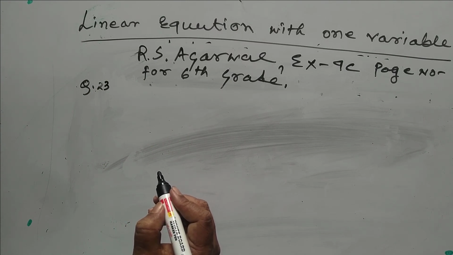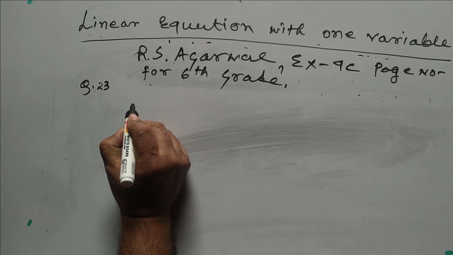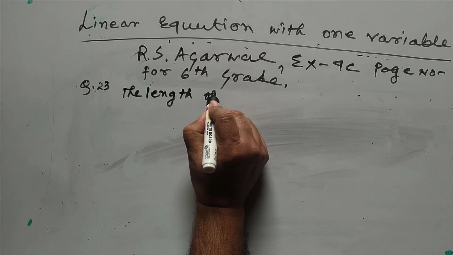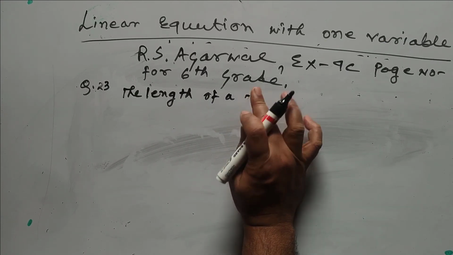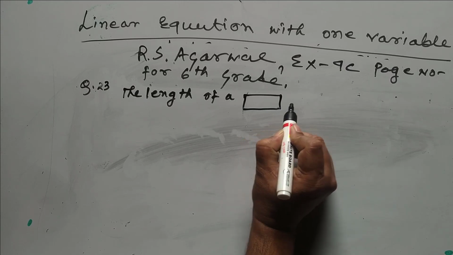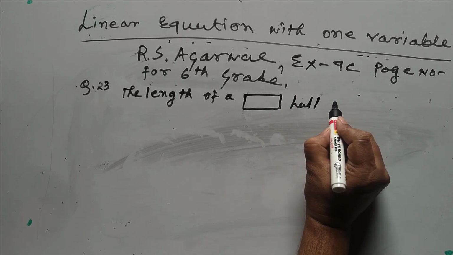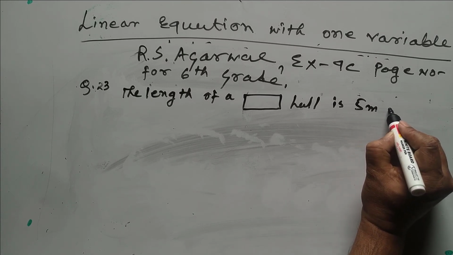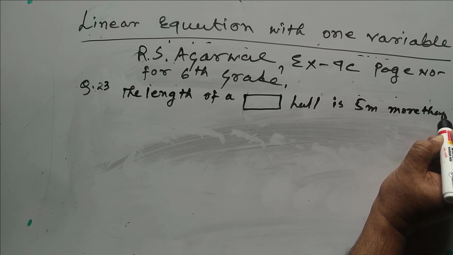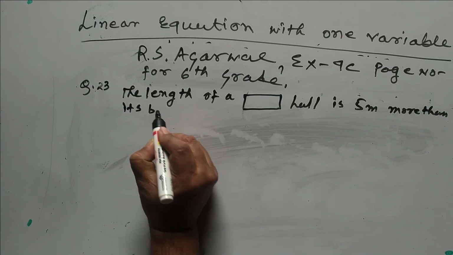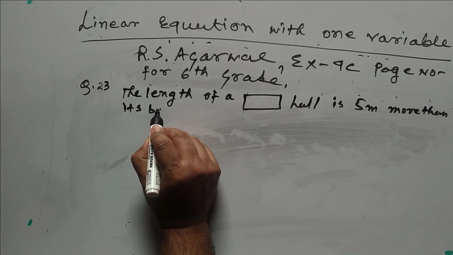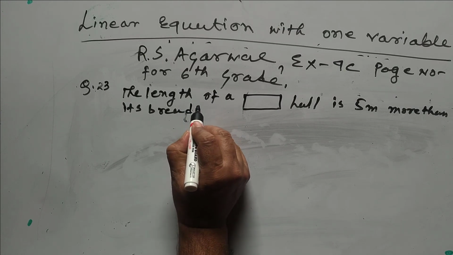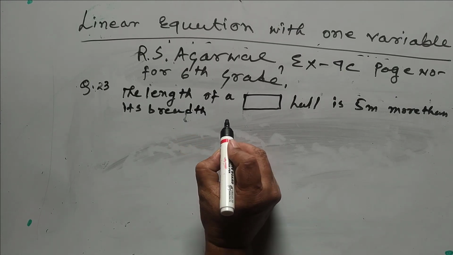The length of a rectangular hall is 5 meter more than its breadth.